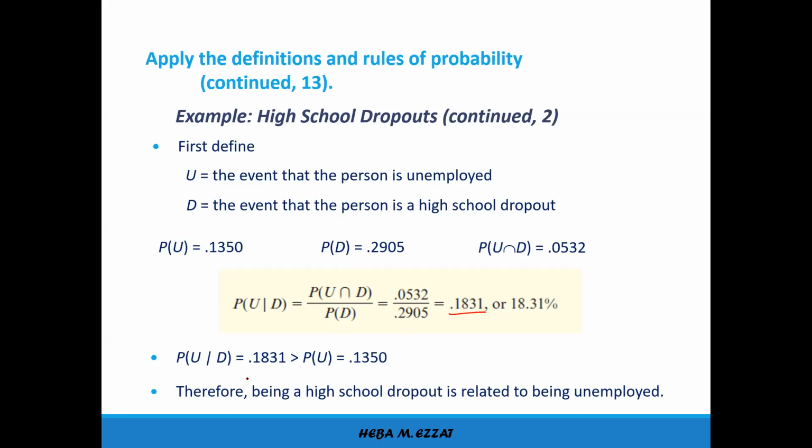So in this case, there is a relationship between employment and school dropout. So most of the unemployed people are the ones who dropped out of high school.